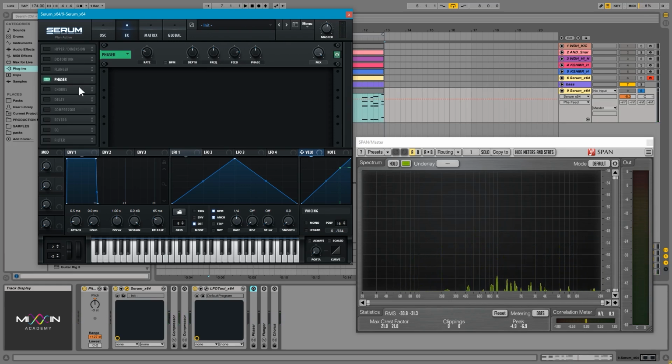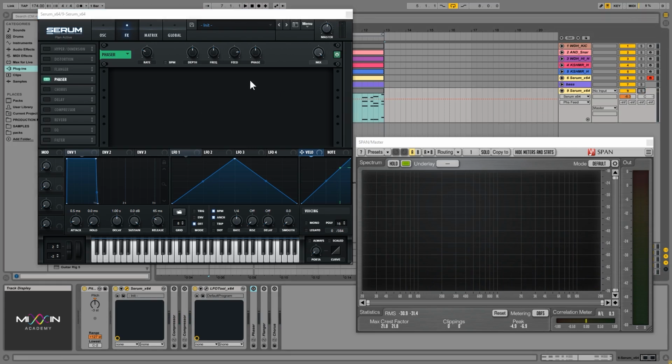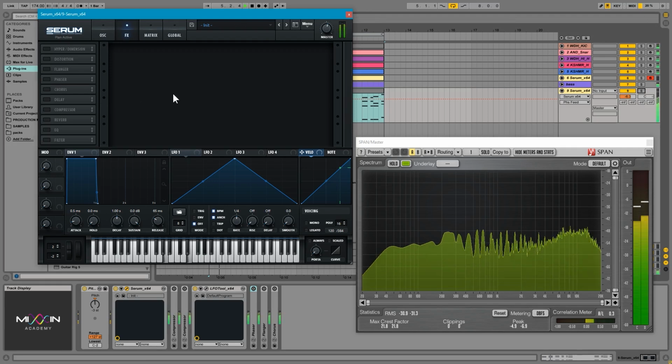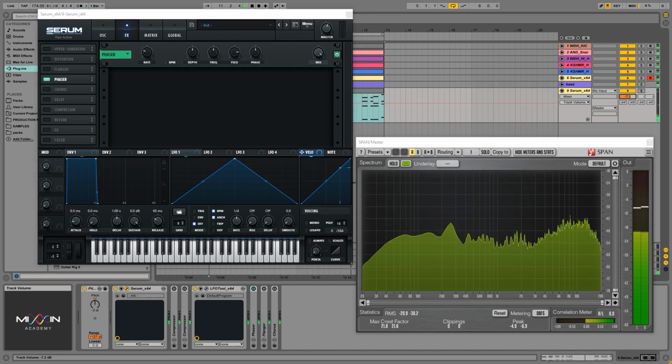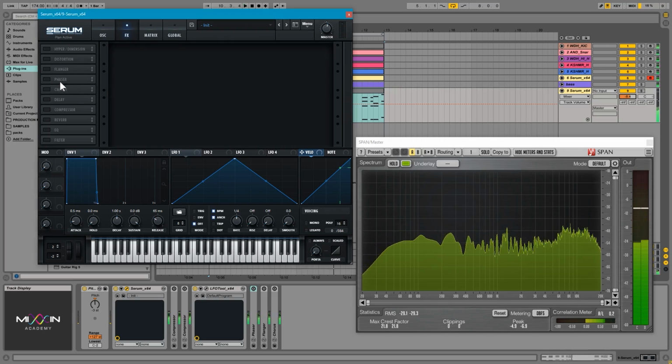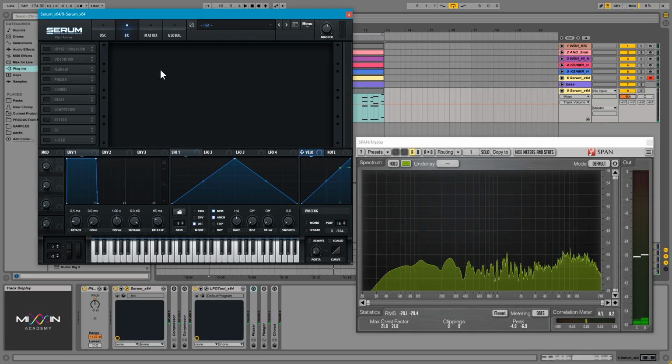Sounds really nice and adds some movement to this chord. So let's hear that in the context of a song without the phaser and with. Adds a really nice effect, I would say.